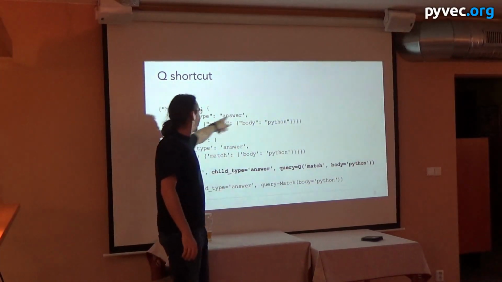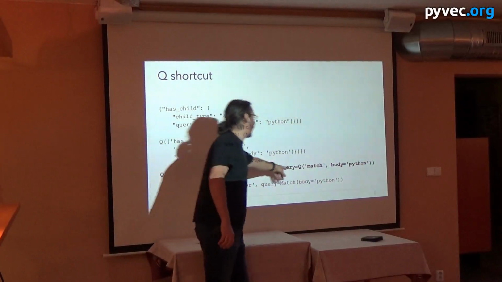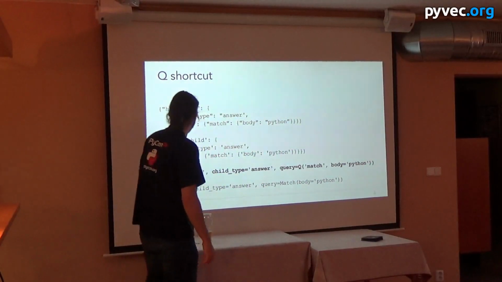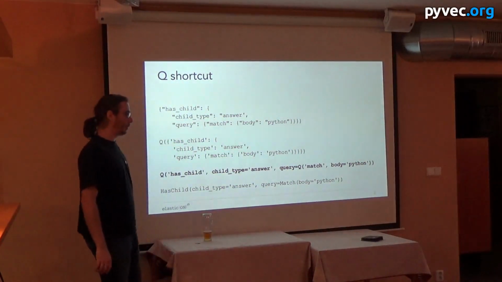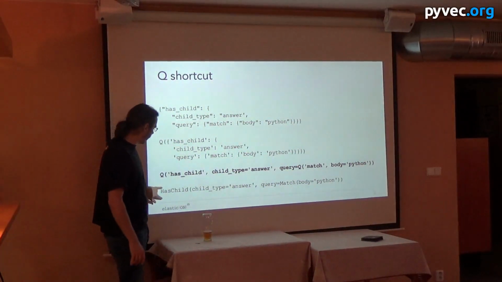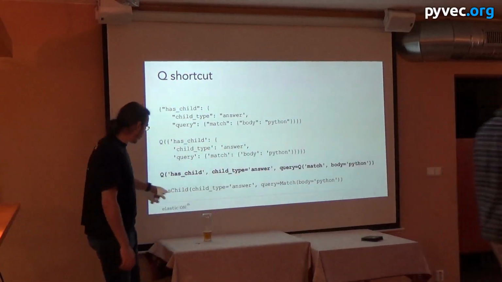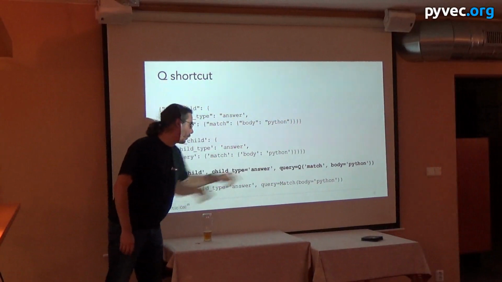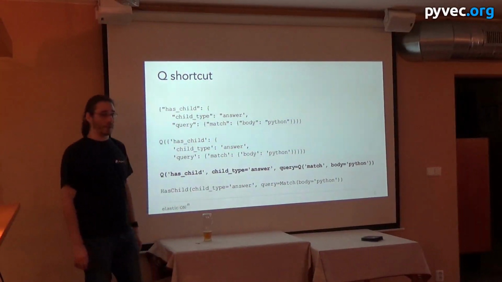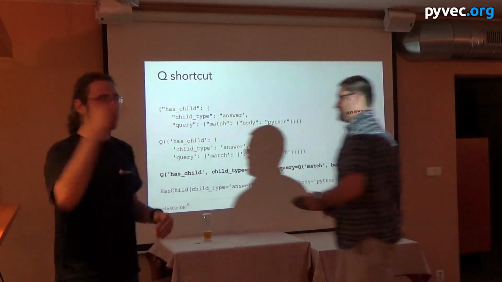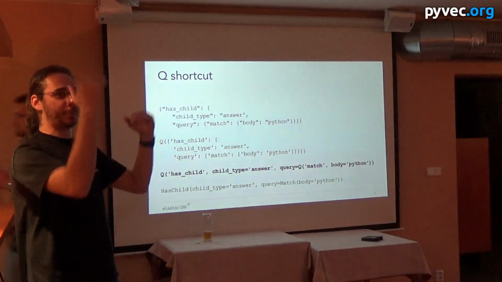So here you have child type answer, query, and then another query, which is exactly the same. This is by far the preferred solution. If you ever feel that you absolutely need to be in control, you can import the classes for HasChild and Match queries and use those directly. That's entirely up to your level of OCD and laziness, and how you balance those two.